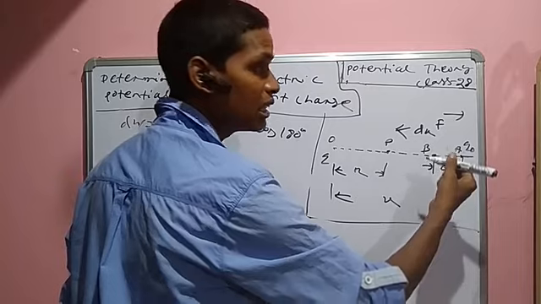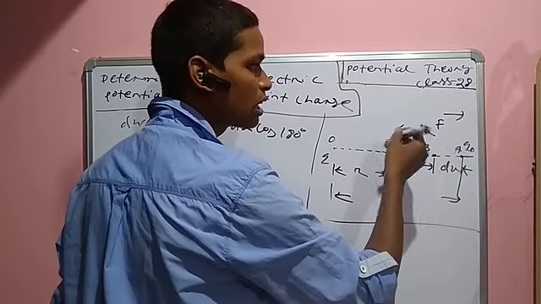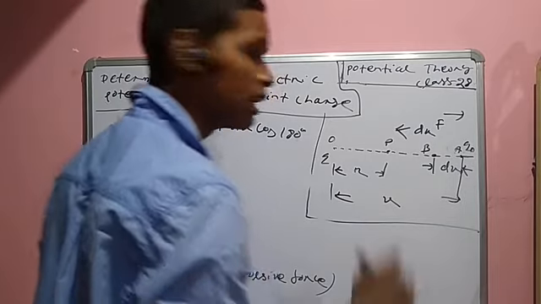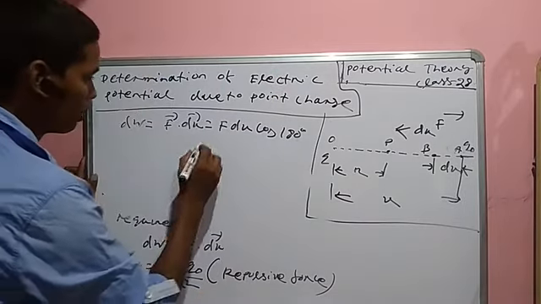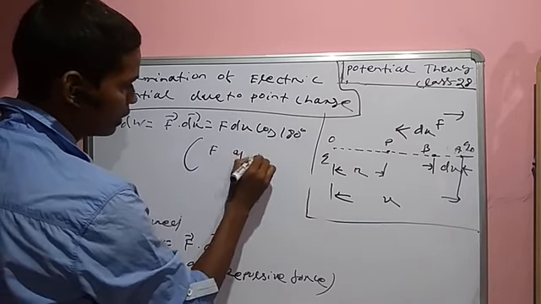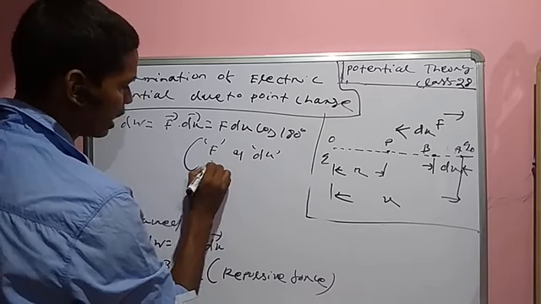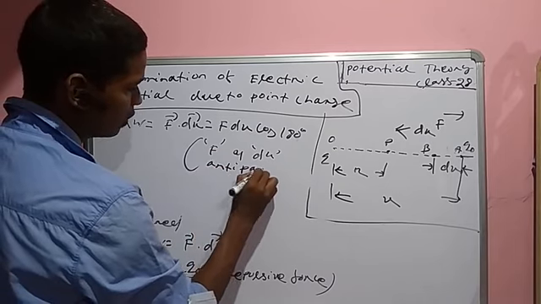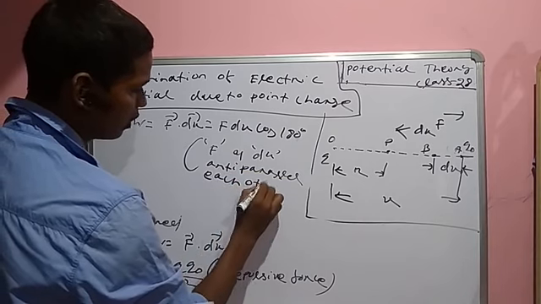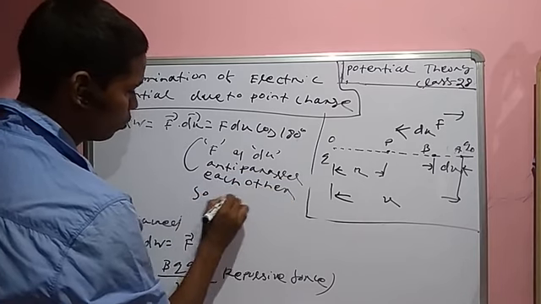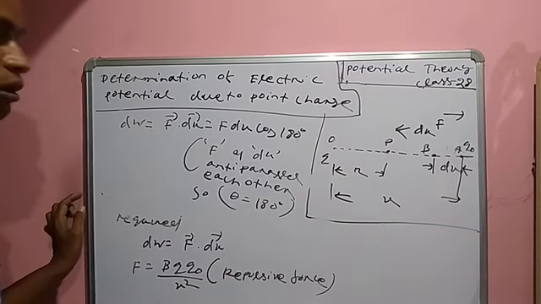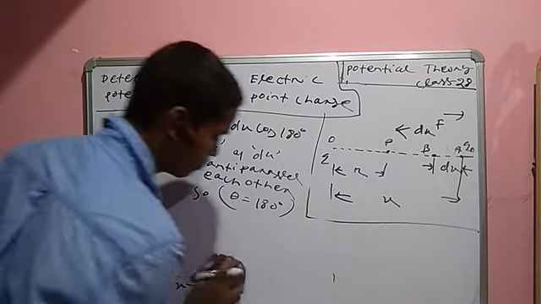That means the displacement direction is leftward and the force direction is rightward. So the angle between F and dx is 180 degree. F and dx are anti-parallel to each other, so theta is equal to 180 degree.